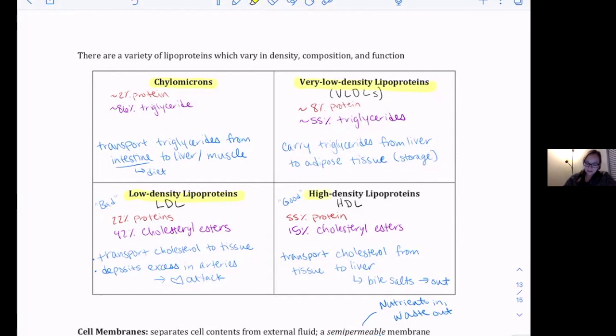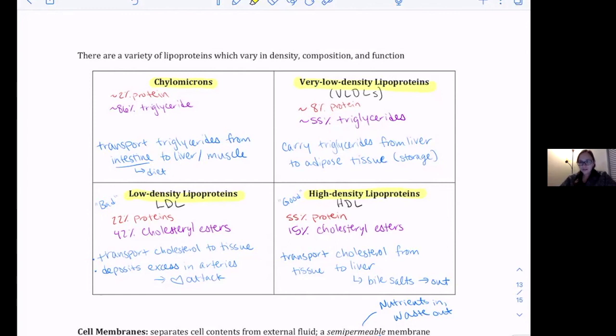And then the last one is high density lipoproteins. So the density that we're talking about is the density of proteins. So this has a lot of protein, 55% protein. These are the ones that are good because they transport cholesterol from tissue to liver, and then that cholesterol is converted to bile salts, which are kind of like that soap in your body, to wash out all of those bad fats that you need to get rid of, and those then go out of your body.